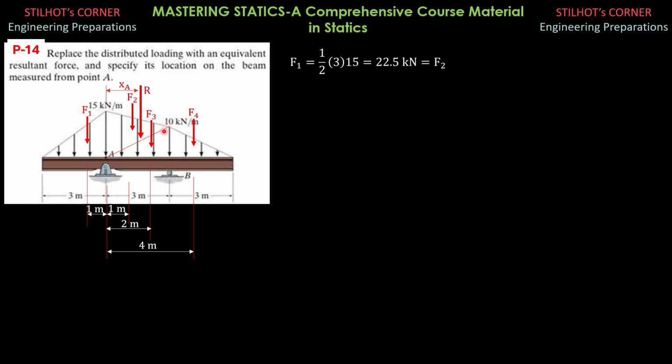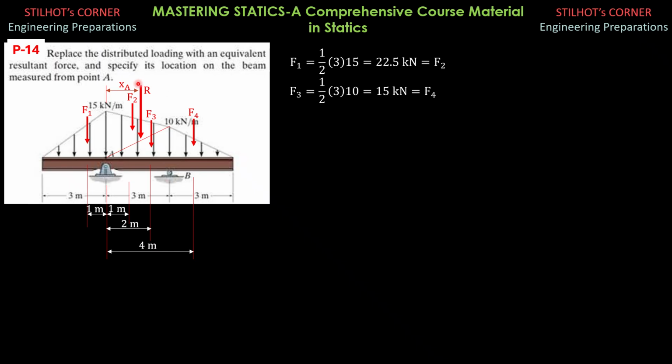F3 is 1/2 of 3 meters times 10 kilonewtons per meter, which is the same as F4, 1/2 of 3 meters times 10. So F3 and F4 are expected to be equal. It is 1/2 of 3 times 10, so it is 15 kilonewtons, which is equal to F4.